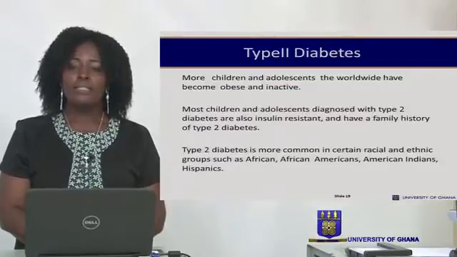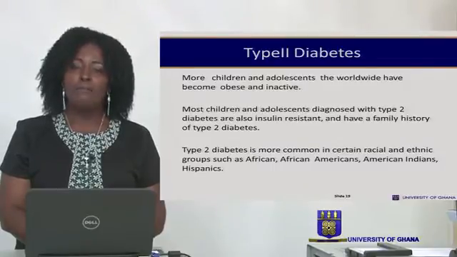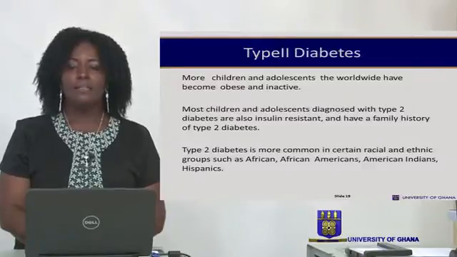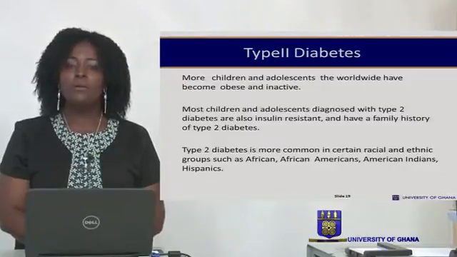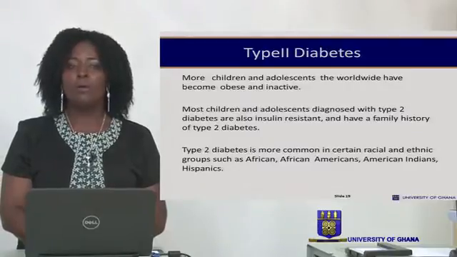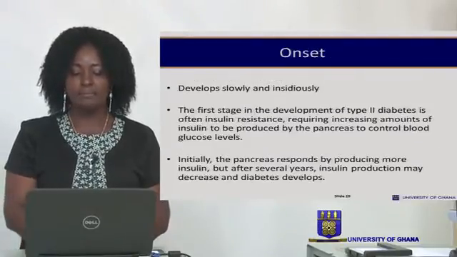So when this diabetes sets in, usually at the beginning, it will have very high levels, and then with time, as the pancreatic cells get destroyed, type 2 diabetes sets in.